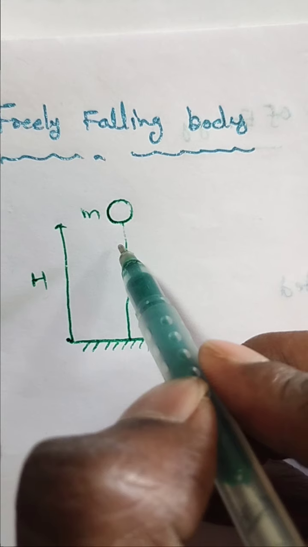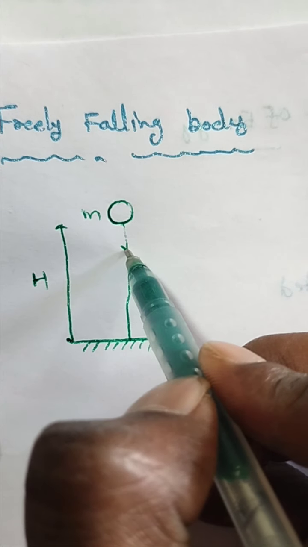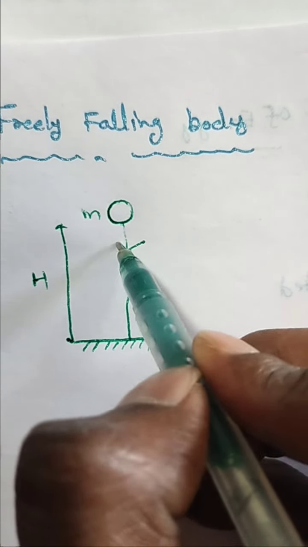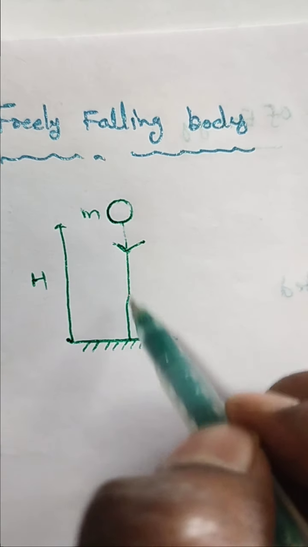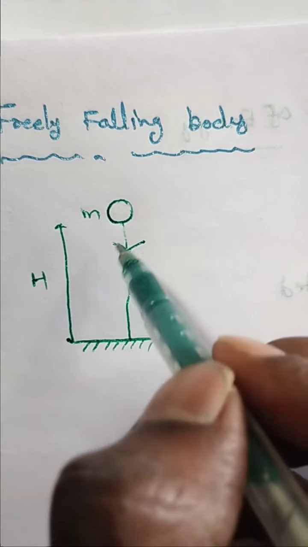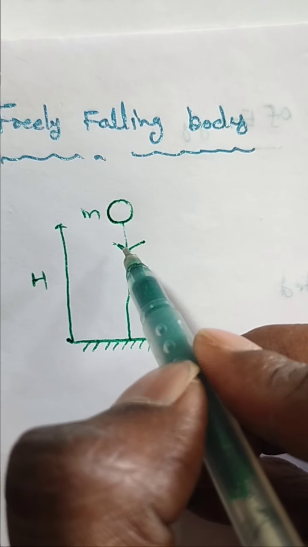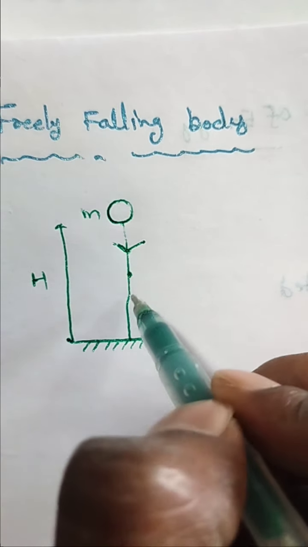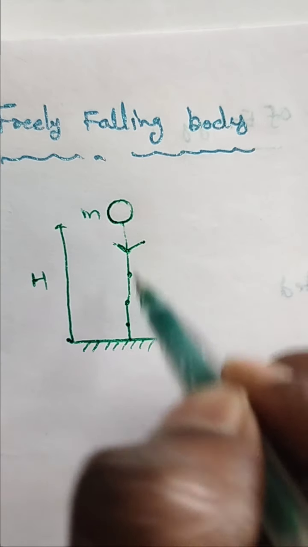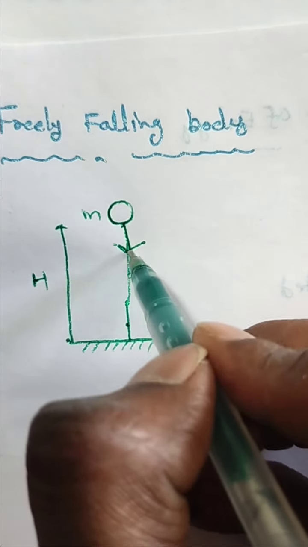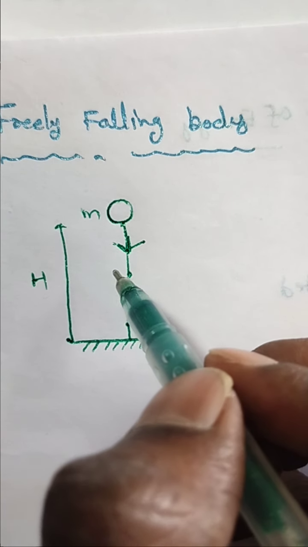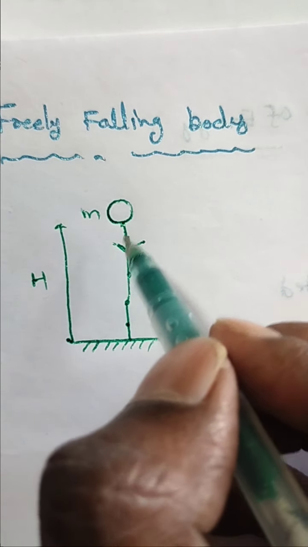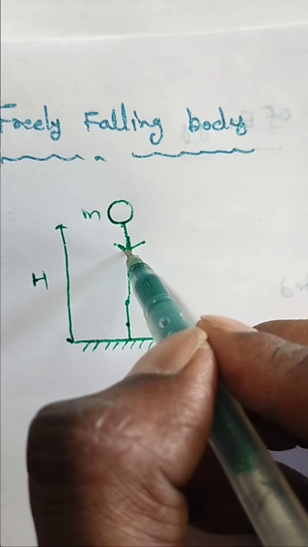When this object is freely falling, it comes downward. You observe the total energy at any point. Here are several points. To find the total energy, you can calculate the kinetic energy and potential energy at any point.